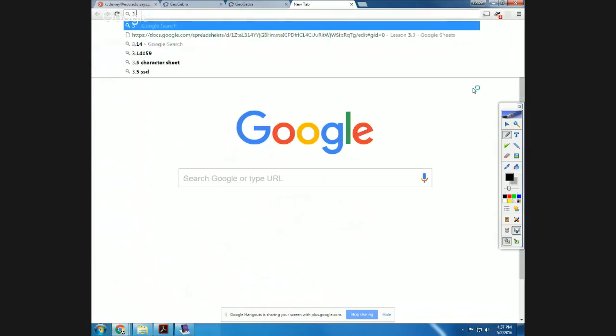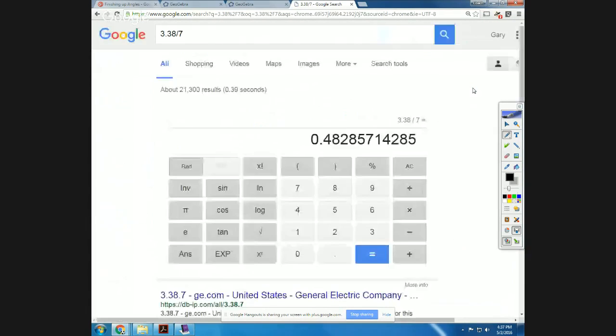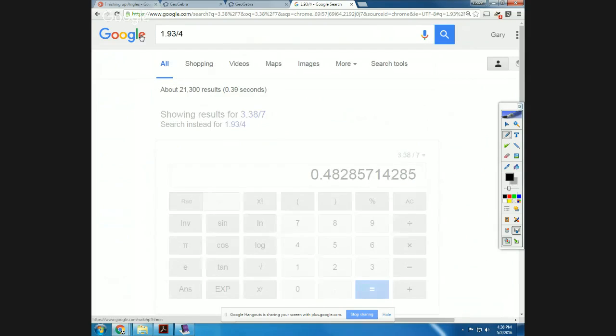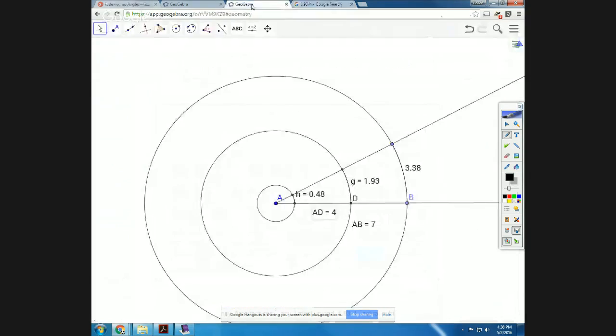So 3.38 divided by 7, Google says is about 0.48. I've got some rounding error because pi is involved. What was the other number? 1.93? Divide by 4, and I get about 0.48.